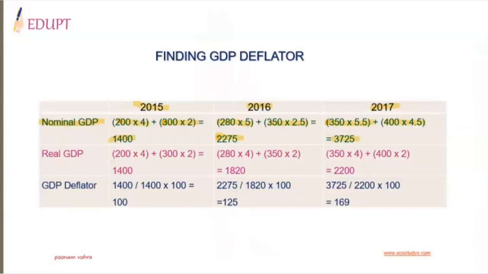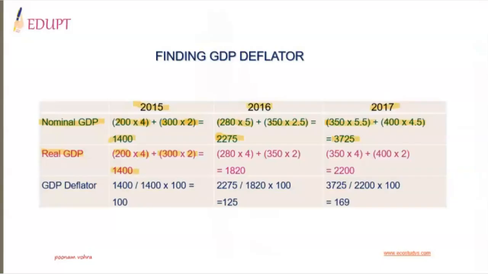3725. To find real GDP, one needs to take into account quantity produced of X in the current year multiplied by price that prevails in the base year plus quantity produced of Y in the current year multiplied by price that prevails in the base year, and we get 1400.